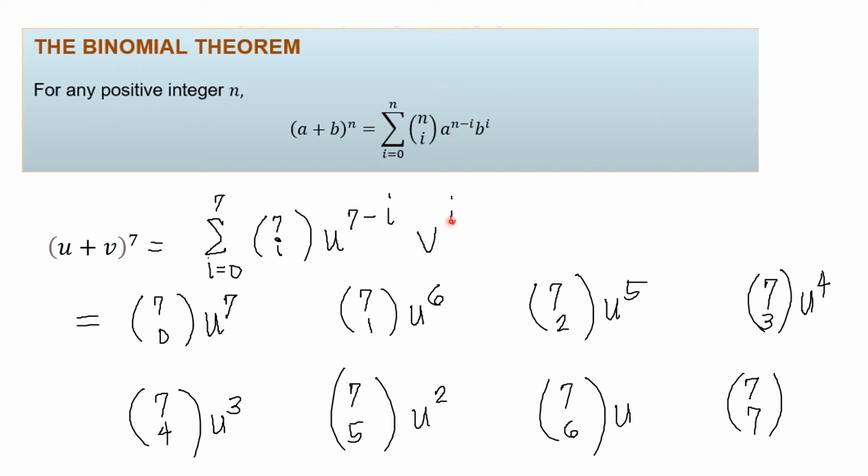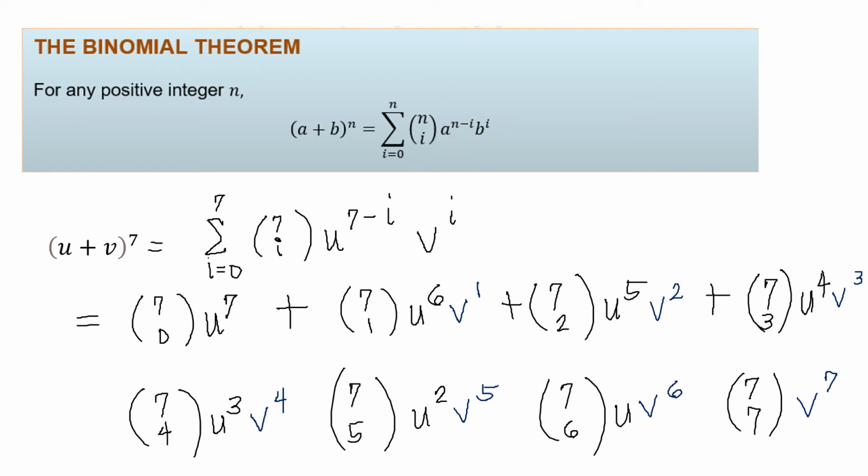So when v is raised to 0, that is simply 1, so we don't need to write it. So that will be v raised to 1, v raised to 2, v raised to 3, v raised to 4, raised to 5, raised to 6, and this is v raised to 7. Again, there's no v raised to 0 written here because that is already equivalent to 1. There's no u raised to 0 written here because it is already understood to be 1. Okay, so we have addition here.